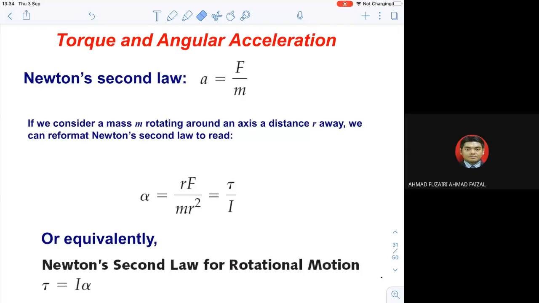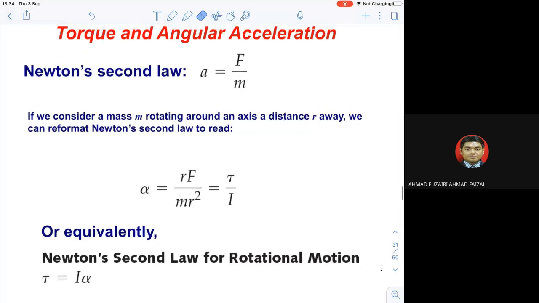Okay. So this is torque and angular acceleration. So for the Newton's second law, definitely kita tahu that Newton's second law is F equivalent to ma, and acceleration is equivalent to F over m. And how can we relate the torque and angular acceleration? Because we already learned about torque, and we already learned about alpha.